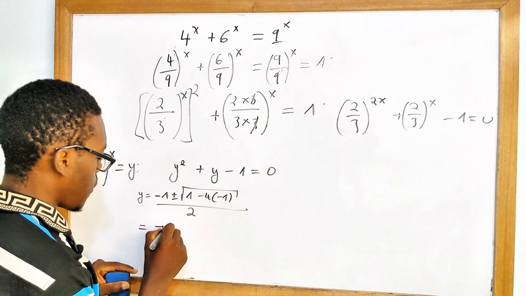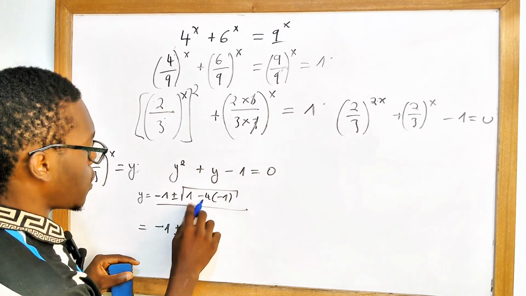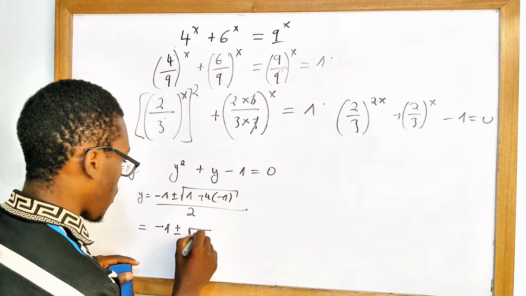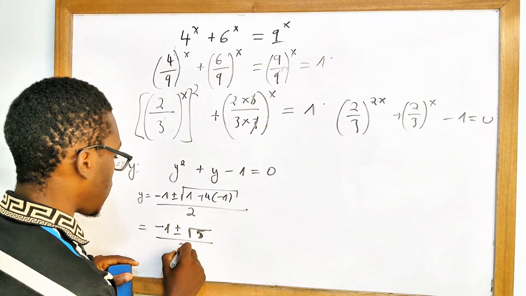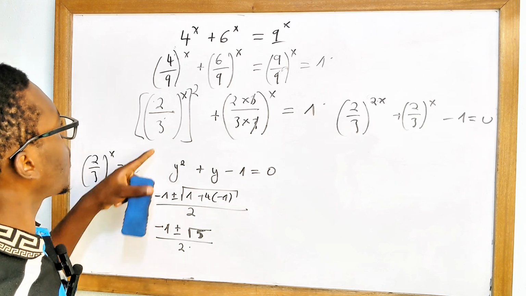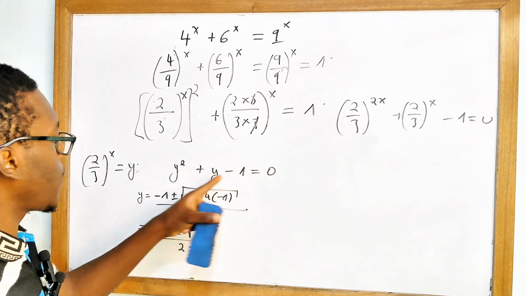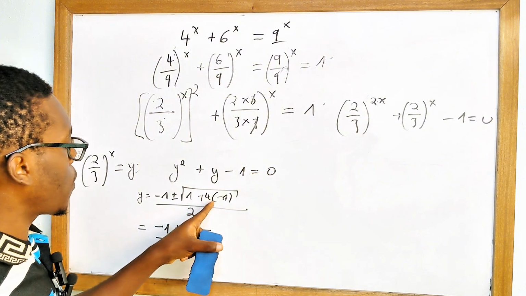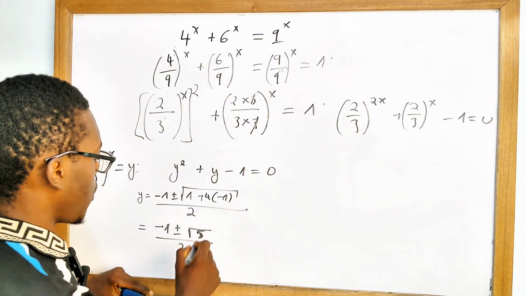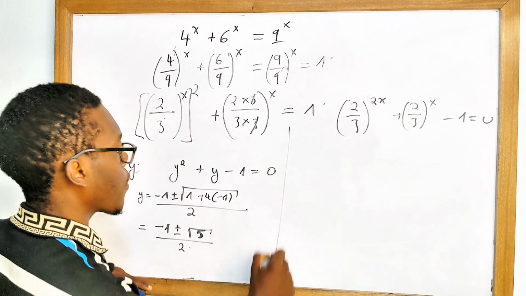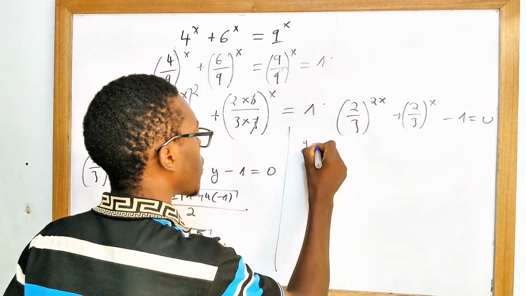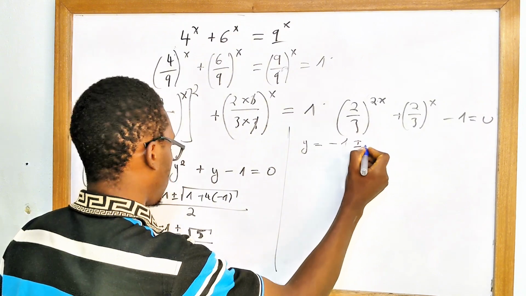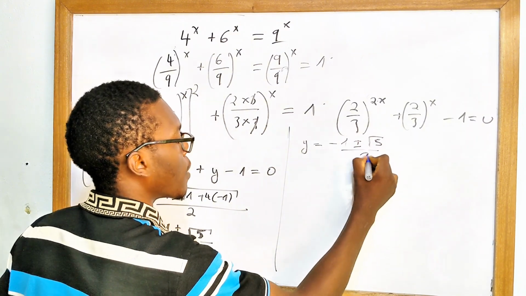That will be negative 1 plus or minus this, and this will give root 5, all over 2. b squared minus 4ac, our c is negative, we have root 5. Therefore our y equals negative 1 plus or minus root 5 all over 2.